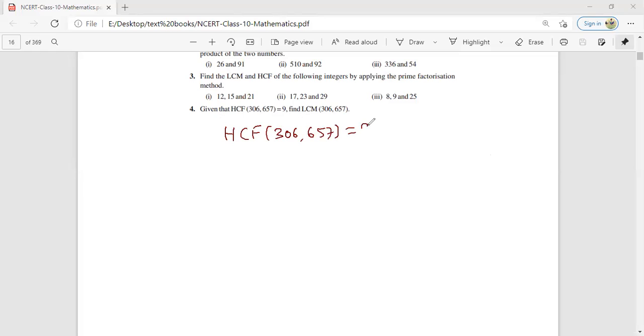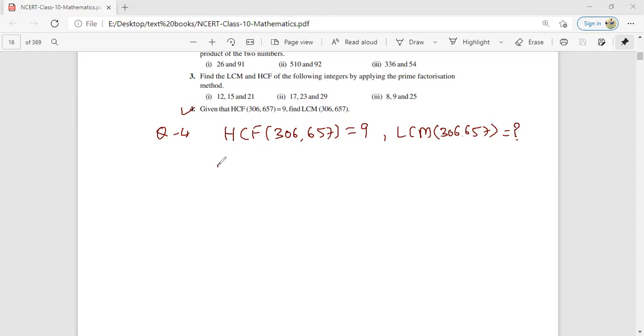So its HCF is equal to 9. The LCM of these two numbers is not given. We have to find out the LCM of these two numbers.